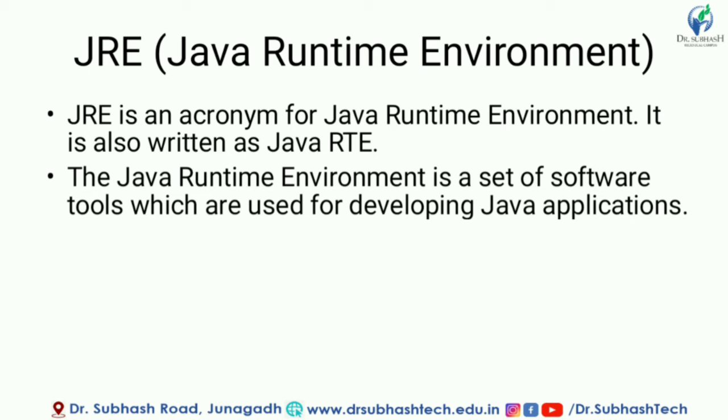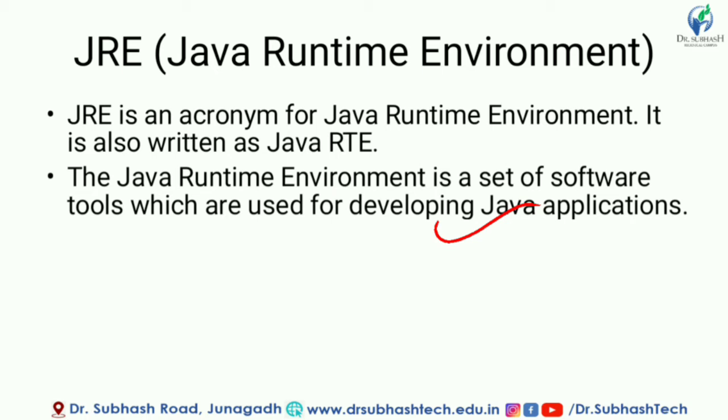The Java runtime environment is a set of software tools which are used for running Java applications. In previous lectures, we have seen that we have downloaded JDK and JRE for running the Java program, right? This is because this JRE provides the runtime environment, right?